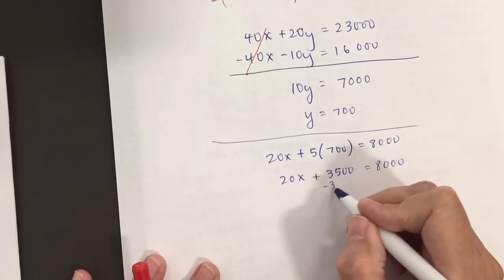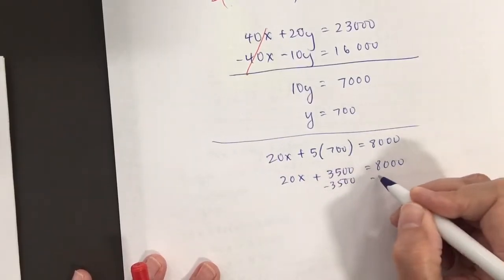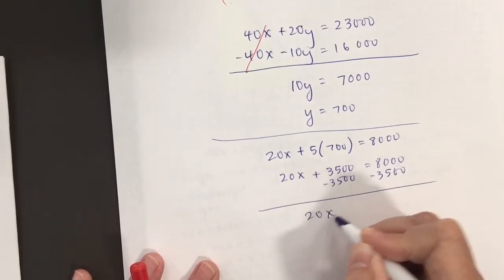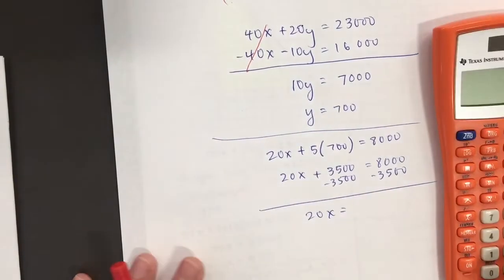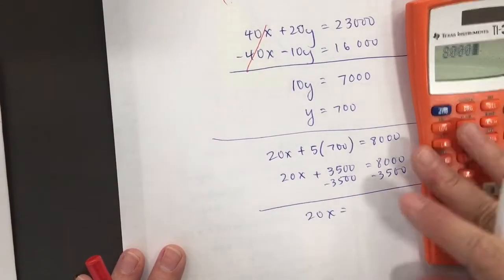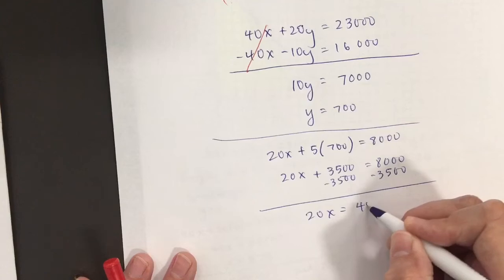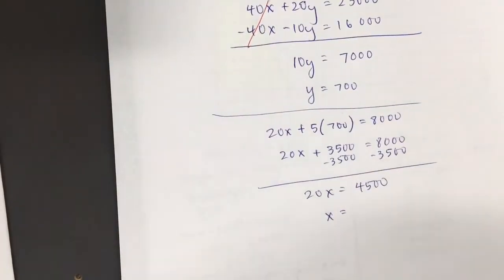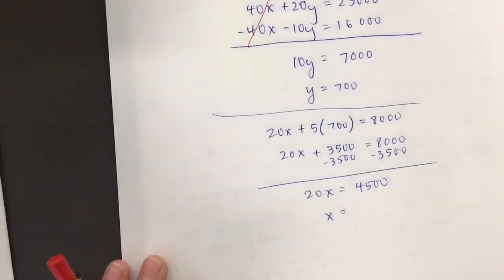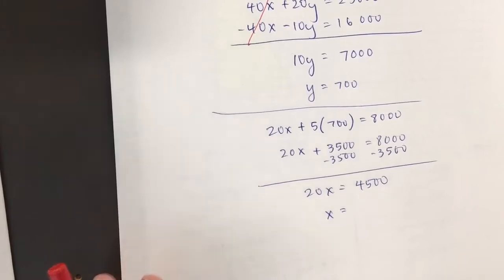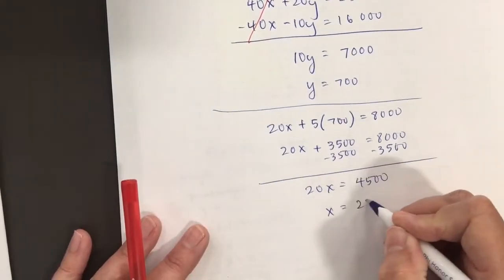Subtract 3,500 from both sides. 20x equals, so I'm going to put this in my calculator. Oh, thank you, 4,500. And then when you divide by 20, what do you get? 4,500 divided by 20, 225 I got.